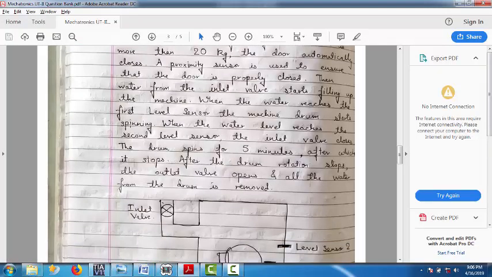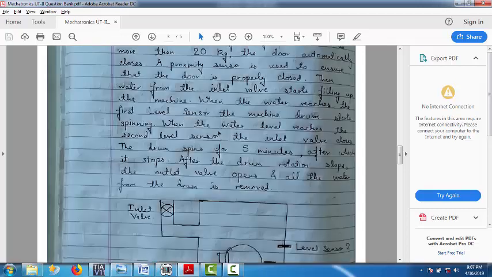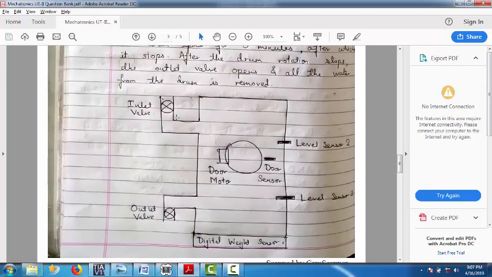When the water reaches the first level sensor, the machine drum starts spinning. If you have seen the real working of a washing machine, you will know what a machine drum is, the thing that actually spins the clothes around. So the machine drum is performing some action, so it is an actuator, so it is an output. When the water starts filling from the inlet valve, the water level will slowly rise.